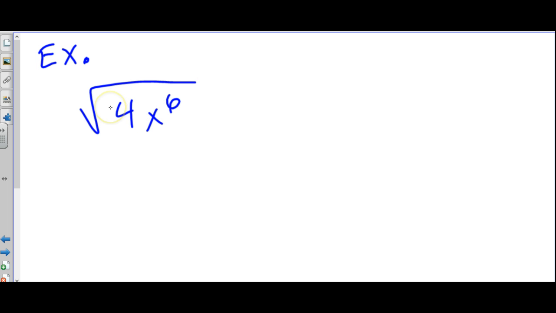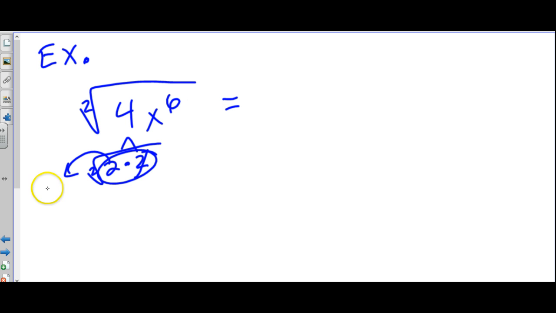So the 4, I'm going to still just break it down. 4 is 2 times 2. Well, we're looking for groups of 2 since no number was written in the index. 1 dies, 1 would make it out to the outside, so we get 2. And then with the variables, I'm just going to divide. 6 divided by 2 is 3.